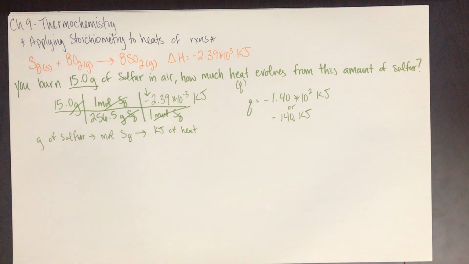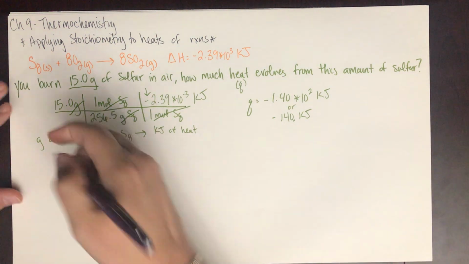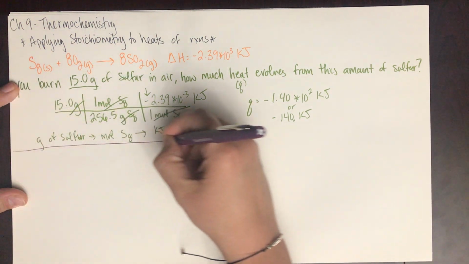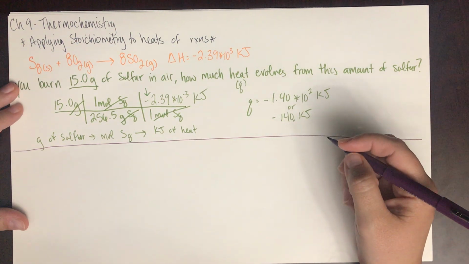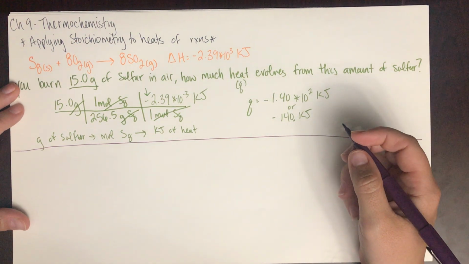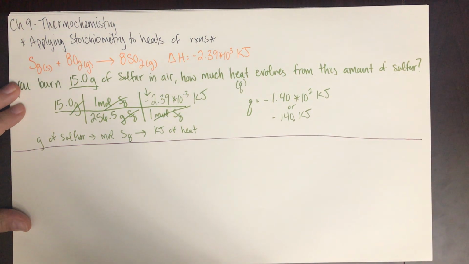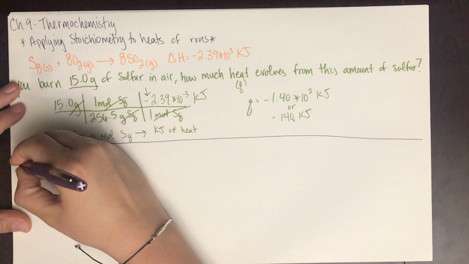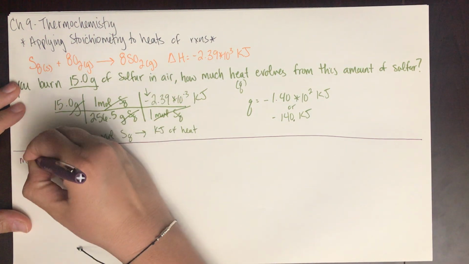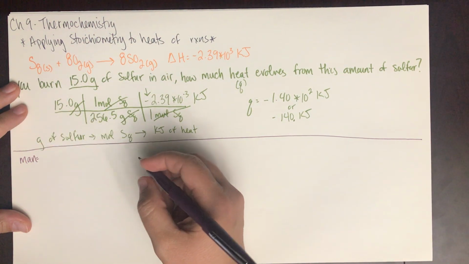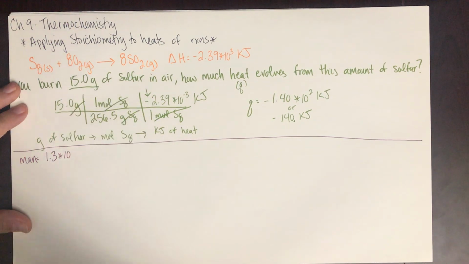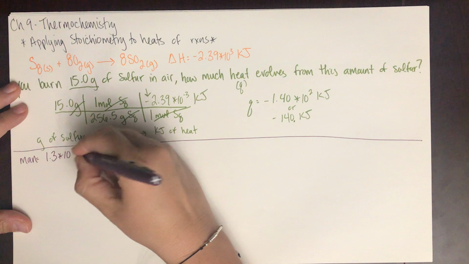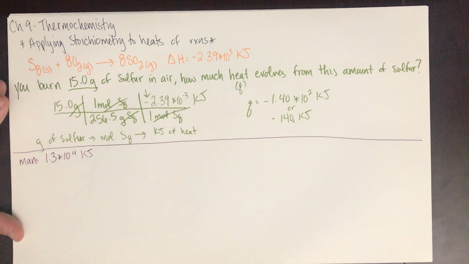This is kind of a long question, so I'm going to write it out. It says the daily requirement for a 20-year-old man weighing 67 kilograms is 1.3 times 10 to the 4th kilojoules. So I'm just going to write that out. A man, their daily requirement for energy is 1.3 times 10 to the 4th kilojoules.